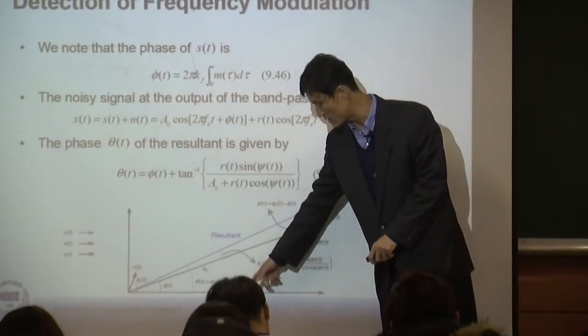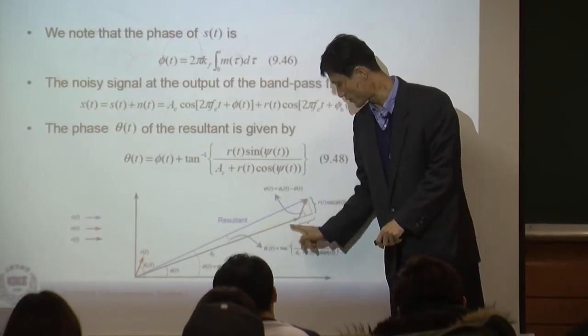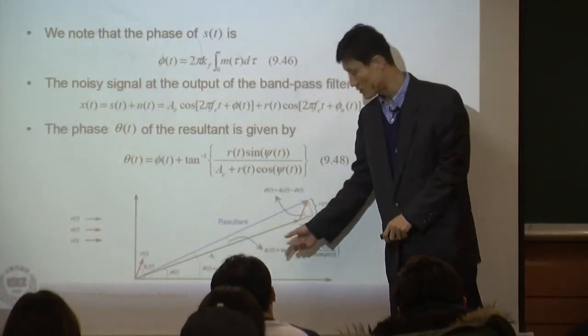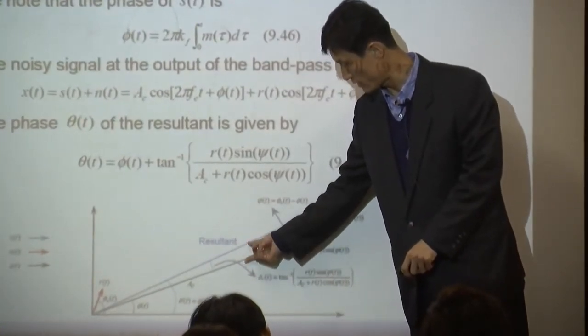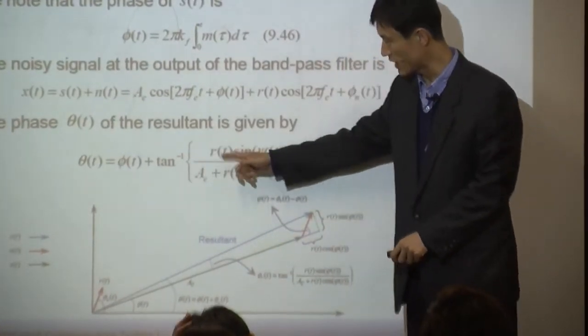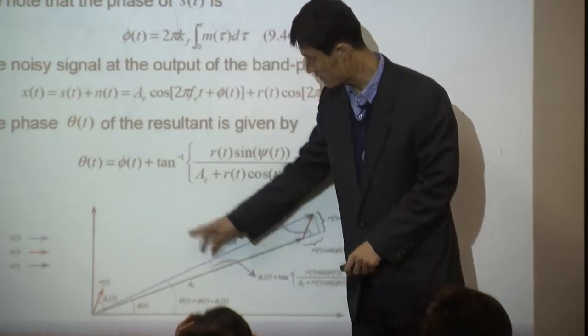is the angle phase for the original s t, right? So phi t, which is this, plus the additional angle here, this tangent inverse, is going to be the whole theta t.